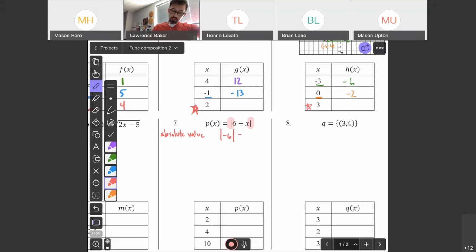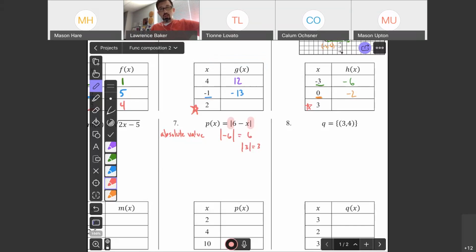Like, why is the absolute value of -6 equal to 6? Because absolute value makes you count places, like physical number places to 0. Yeah, it's the distance from 0, right? Who is that? Caleb? Yeah.